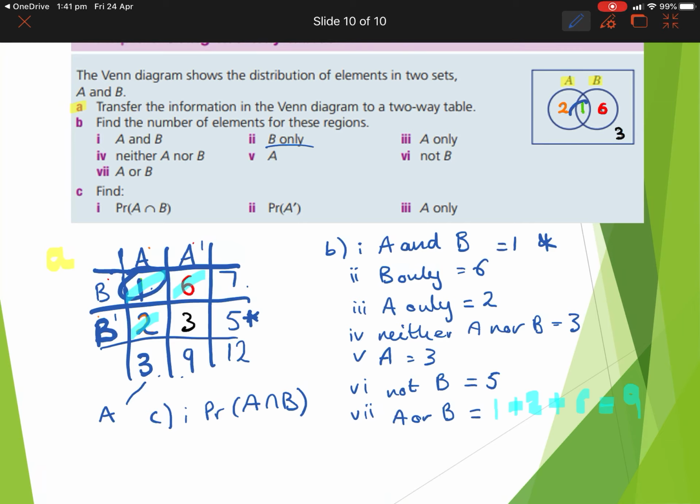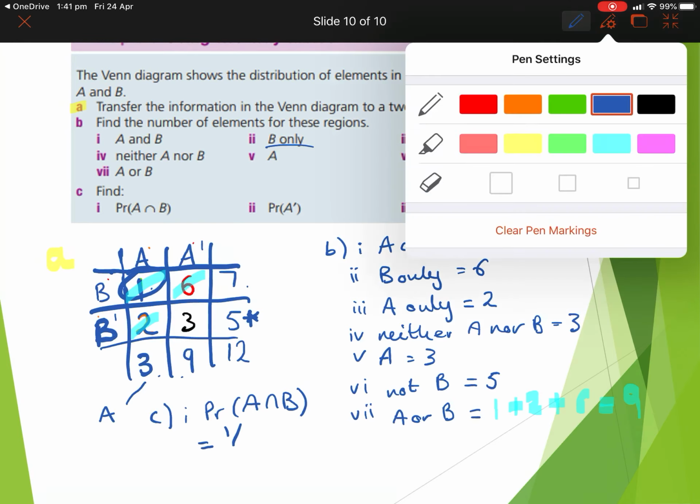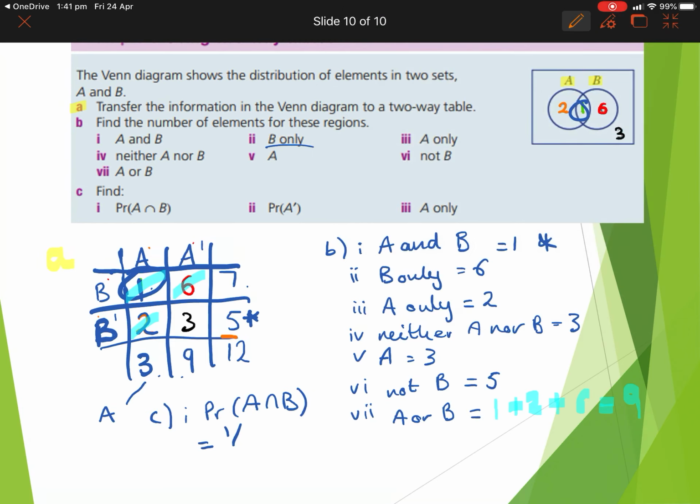We can tell that it's 1 from here or 1 from here. Okay, so the probability is 1 out of how many altogether? Well, this 12 is the total altogether. Okay, so it's going to be 1 out of 12 is the intersection here. The probability of getting an intersection.